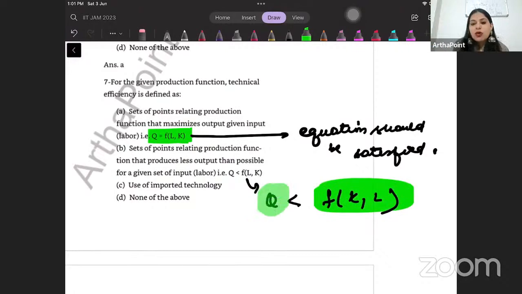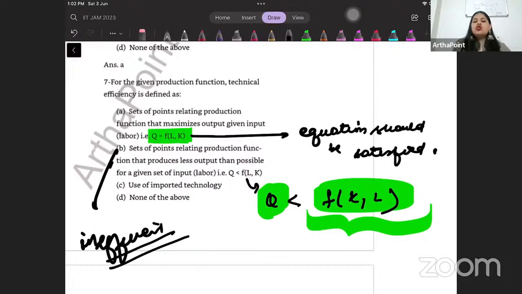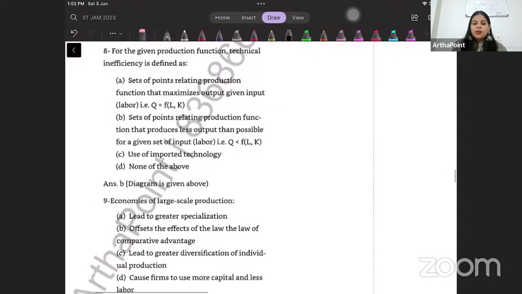I'm producing less output than what is possible. So this is inefficient. Okay, this is inefficient. So you are technically efficient if you are on the production function. So your output should be equal to the equation of the production function. Okay beta, come to the next question.